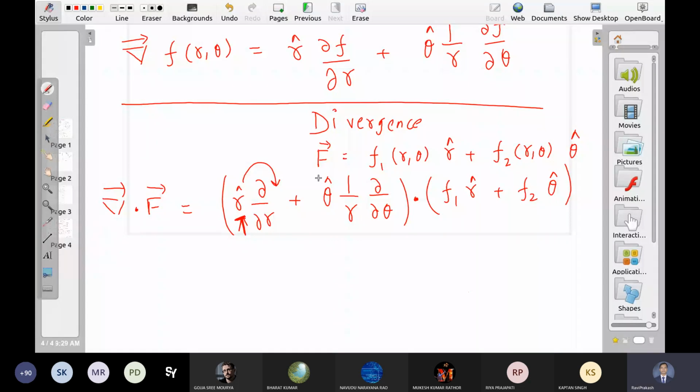If you move it on this side, it means you are going to take derivative of r cap also. Similarly, this theta cap or this 1 by r cannot go on this side. Theta cap is a variable, 1 by r is a variable.